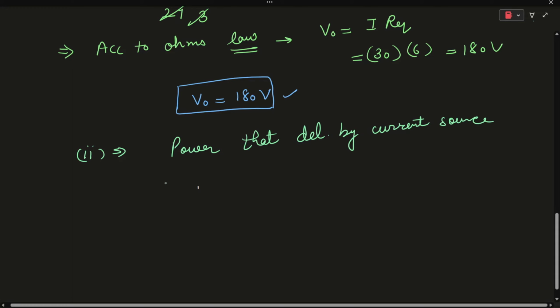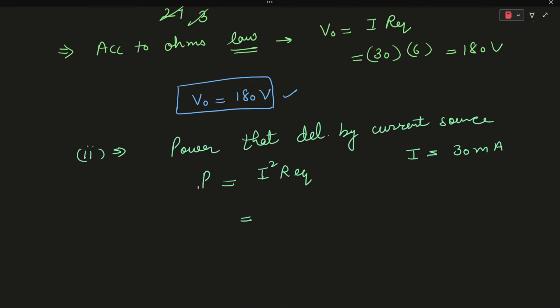We know that the power is equal to the current I squared into R equivalent. The value of the current here is 30 milliamps, so I is equal to 30 milliamperes, and R is equal to 6 kilo ohms.